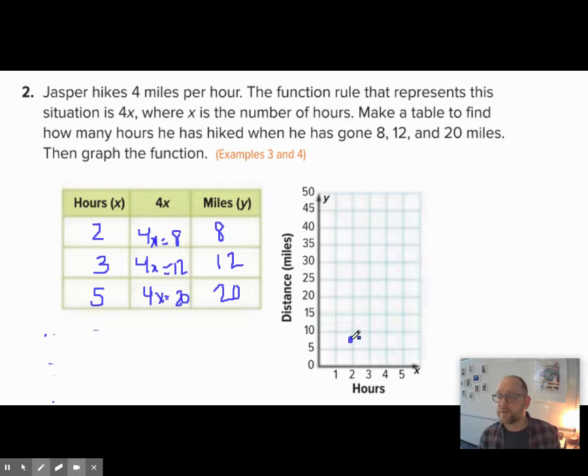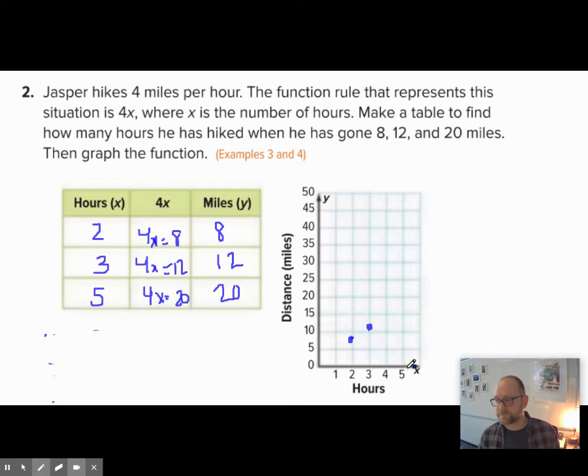There would be our first plotted point, for when x equals 2. Down here, for 3 hours, our x would equal 3, and our y would equal 12. So we're going to go in between the 10 and the 15, a little bit closer to the 10, because 12 and a half would be directly in between those two. Roughly there would be our point that we would plot.